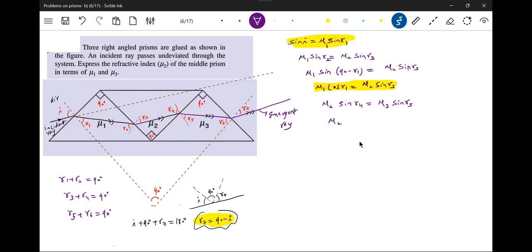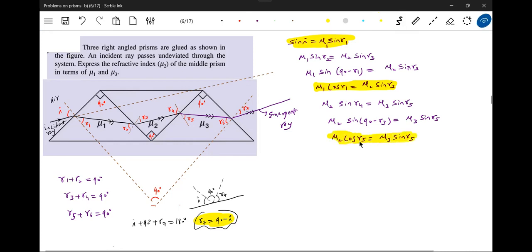I have to replace R4. R4 I can write as 90 minus R3. So why are you doing like this? Just to bring the condition, because all these angles I should eliminate.